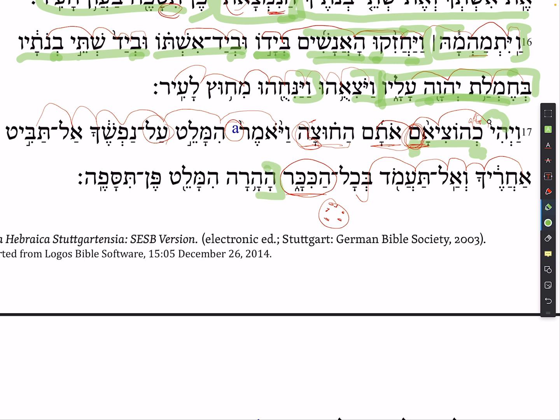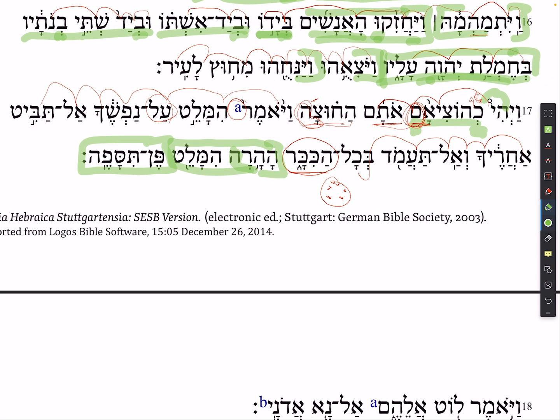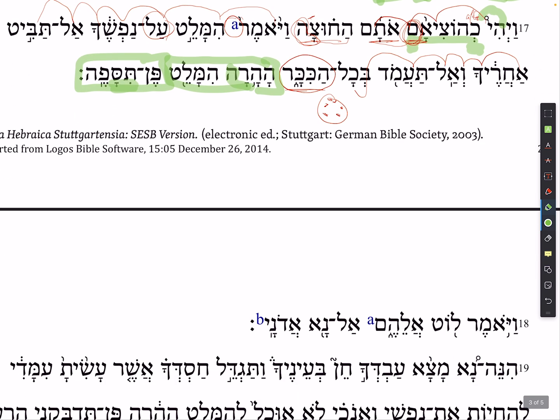Next clause, towards the mountain flee, and then next clause, lest you are being swept away. You see again here the locative hey, so hahara, accent is not on the common hey. Therefore, it's a locative hey, towards the mountain flee, lest you are being swept away. You see here the nifal form, which turns this into a passive, lest you are being swept away.